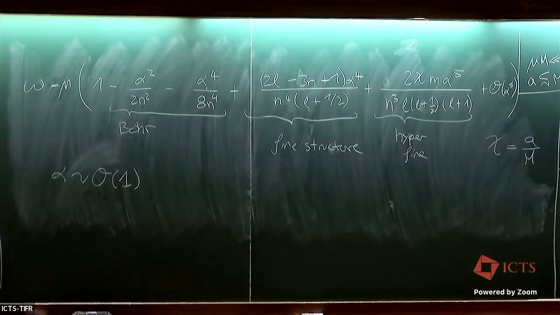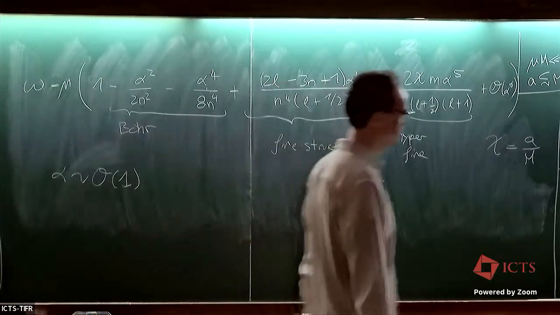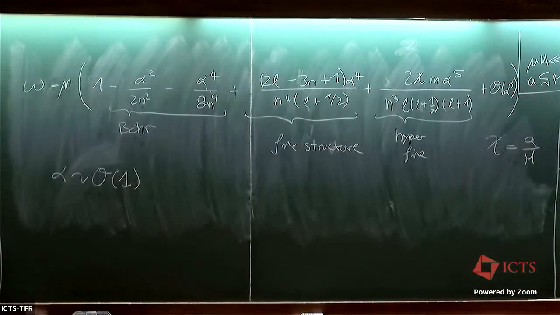Right, so I erased the equation now, but here we kept just the leading term in the expansion in alpha and R larger than M. But to get these terms, this is similar to the hydrogen atom, just that the terms look different. In the hydrogen atom, you started out with a non-relativistic momentum, and then the first correction to that was to include the first relativistic correction to the momentum.